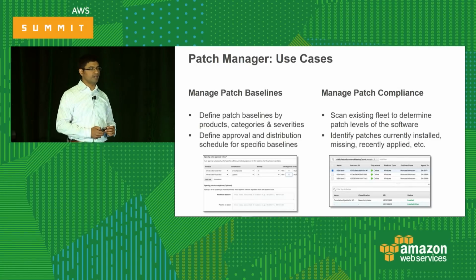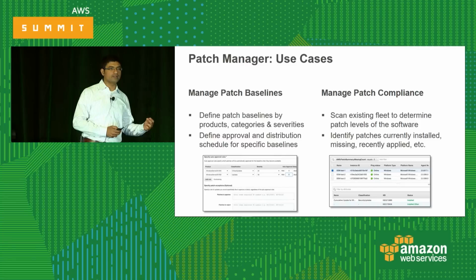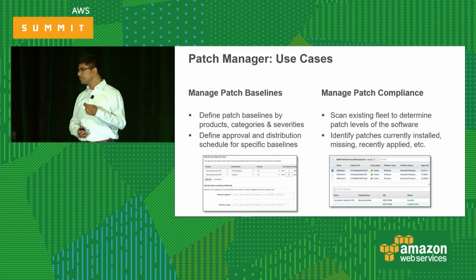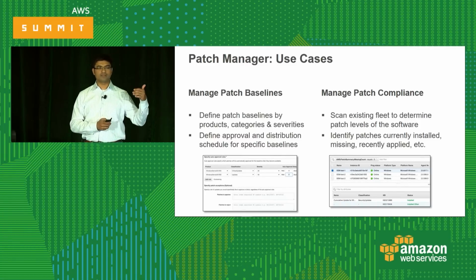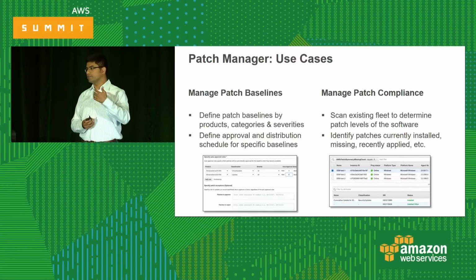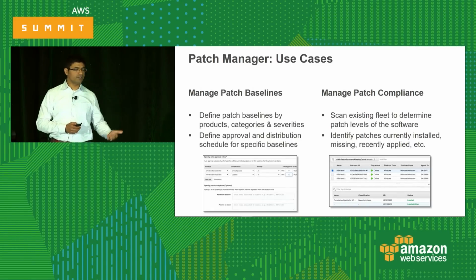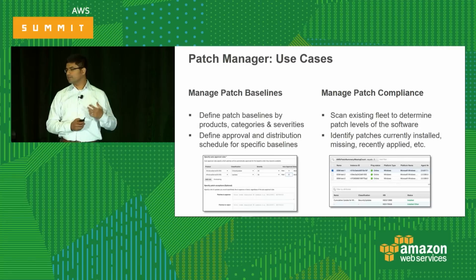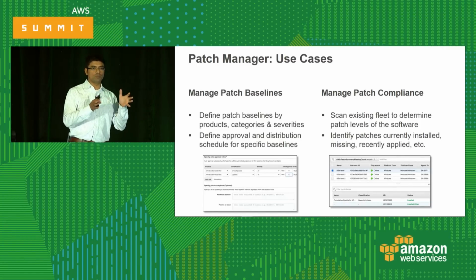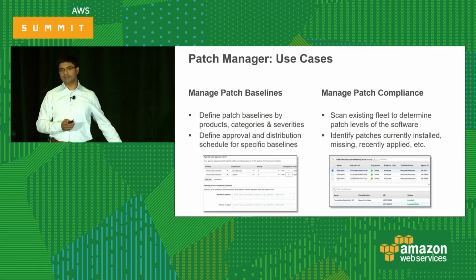So you can use that to manage a core concept called patch baseline. A patch baseline is a set of rules in terms of what patches supplied by your operating system vendor are approved to apply to servers automatically. So you can select those patches by severity, you can select those patches by classification, and you can define periods of time that the patch baseline should wait before applying a patch to the operating system.